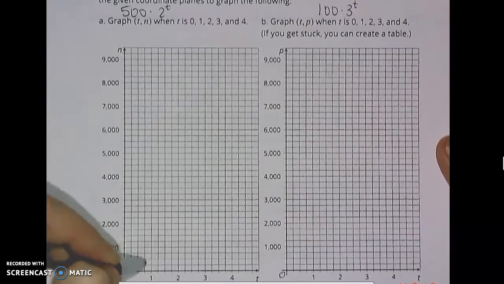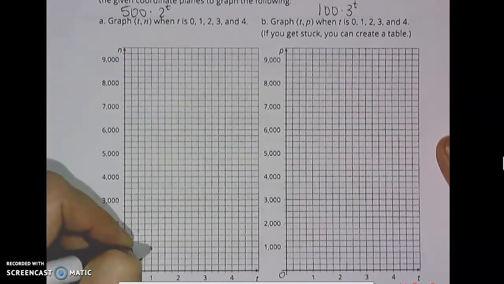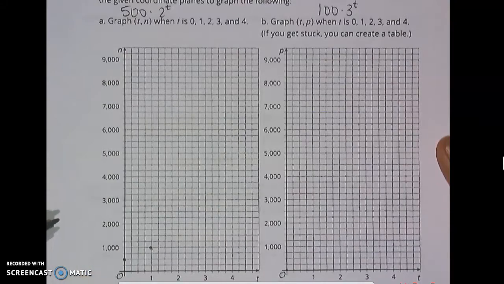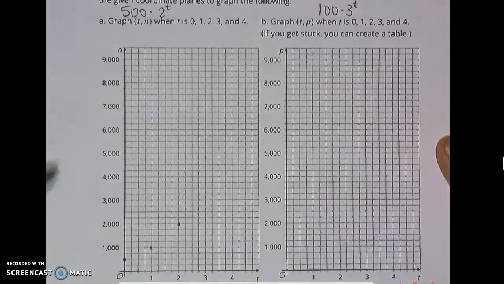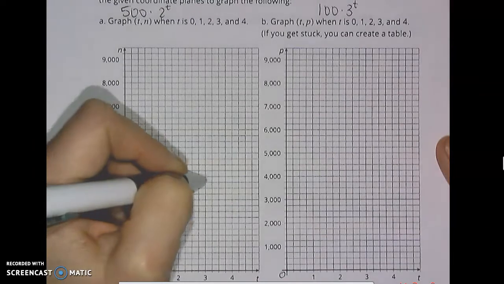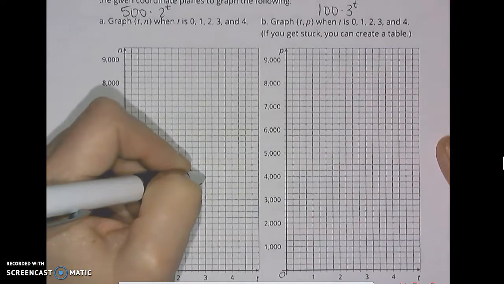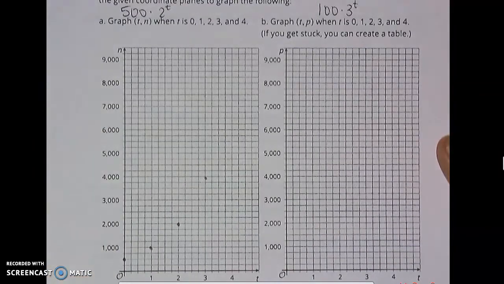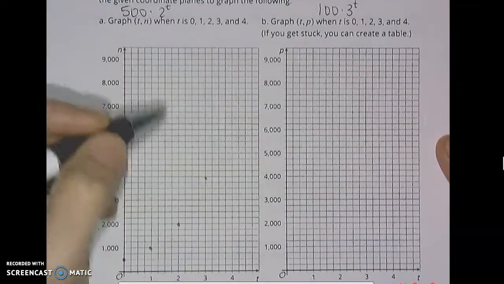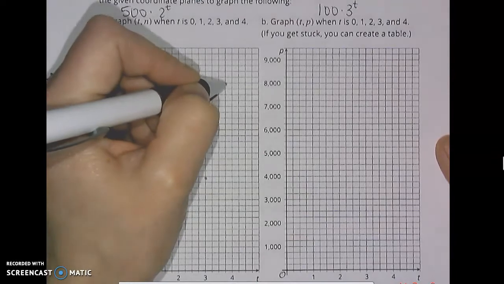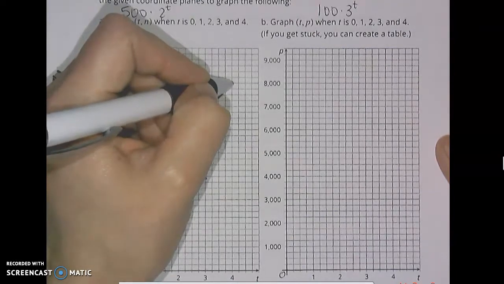After 1 hour, we had 1,000. After 2 hours, we had 2,000. After 3 hours, we had 4,000. And after 4 hours, we would then have 8,000 if it doubled again.